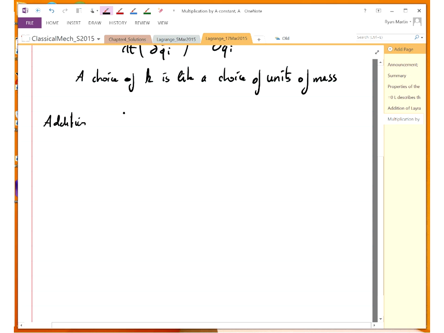The addition of a total time derivative, df by dt.